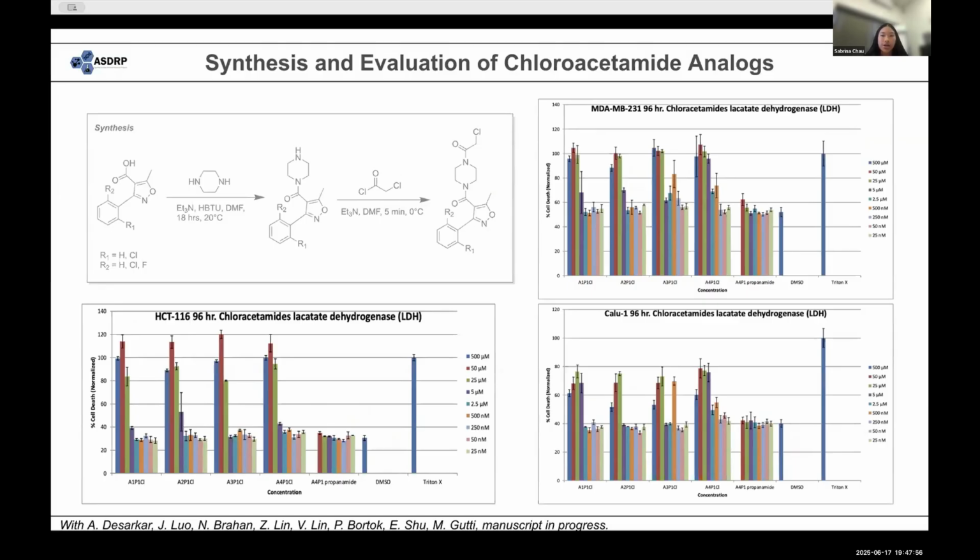As you can see here, the data shows that the higher the concentration, the more cell death is seen across all three of the cell lines. However, all of the A4P1 propanamide cell death rates are lower than the others, indicating that A4P1 propanamide does not have much of an effect.